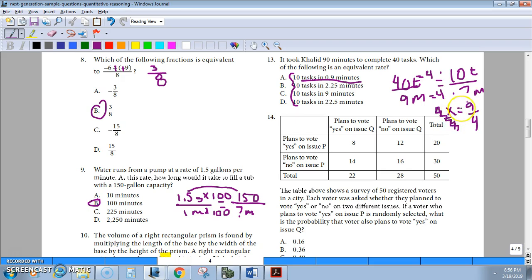9/4, which I don't know if it's going to let you use the calculator on this, but it's going to be something .25, right? And I already know that, so I know it's going to be B without even using the calculator because my denominator is 4. Like, look, if I turned this into a mixed number, 4 can go into 9 2 times, and then I'm going to have a remainder 1/4, right?